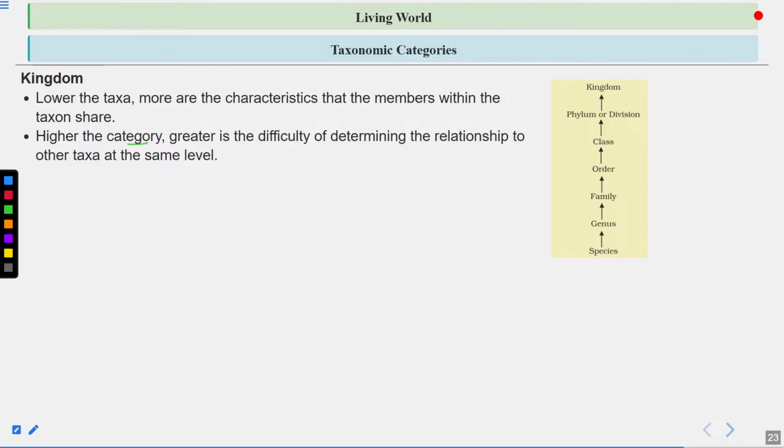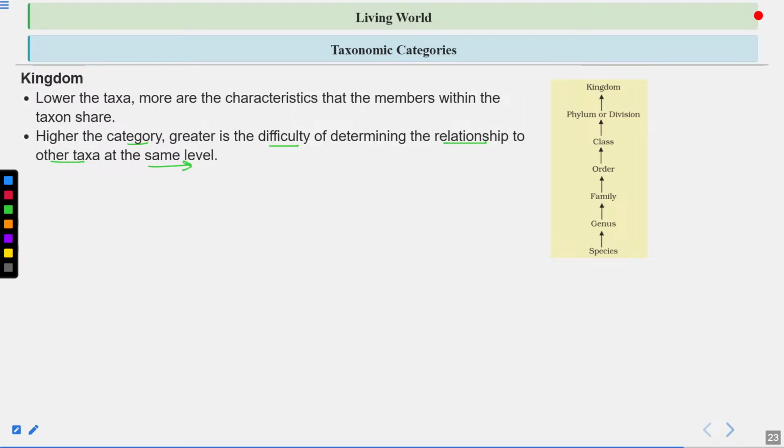The higher the category, the greater is the difficulty of determining the relationship to other taxa at the same level. So obviously, at higher taxa, what is happening? The number of similar characteristics between the members is very small, so it is very difficult to determine the relationship, because they are not at all similar.